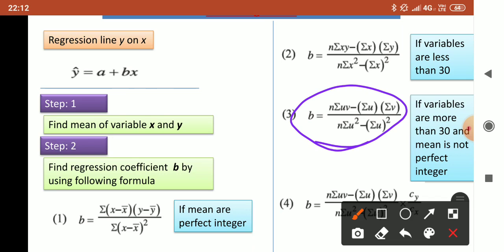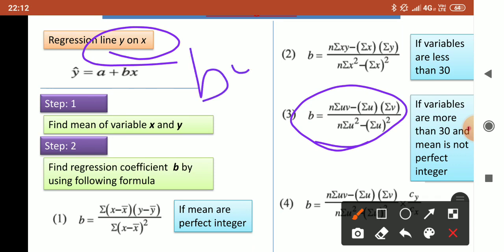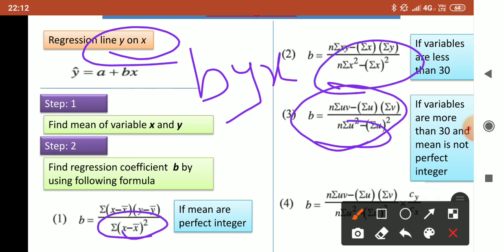Friends, keep one thing in mind, that we are finding y on x. So that means we are finding b y x. So in the denominator you might have noticed only x variables are to be written. Here also only x variable.